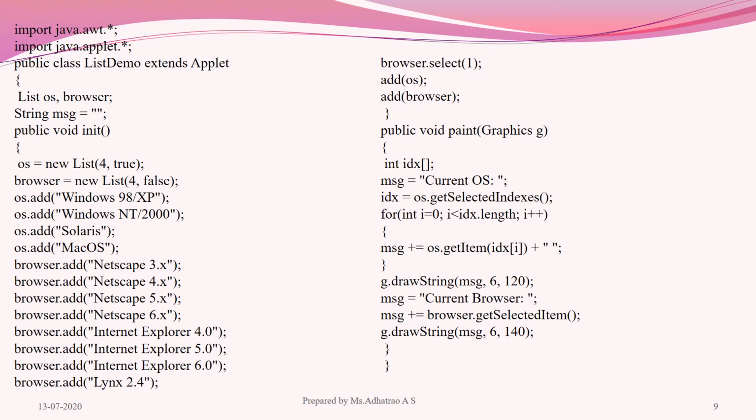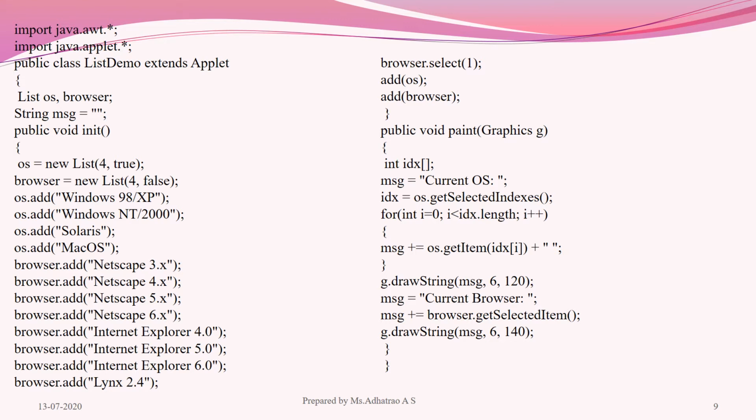And in browser I am also going to add 4 items to the list and the default is false. The names of the operating systems I am going to add to the list are Windows, Windows 2000, Solaris and macOS. Same for browser.